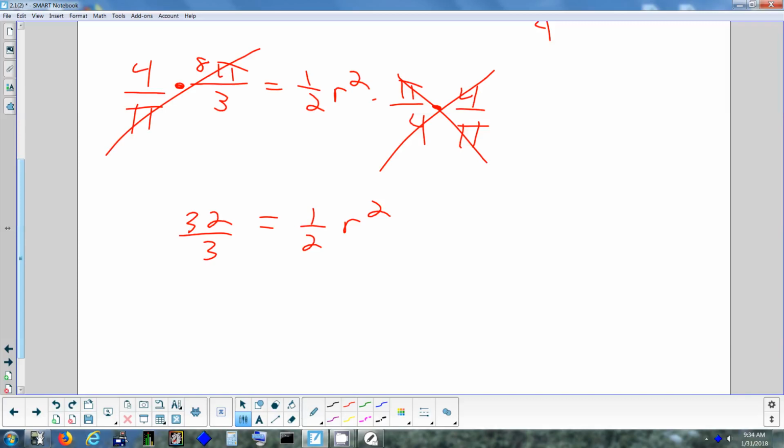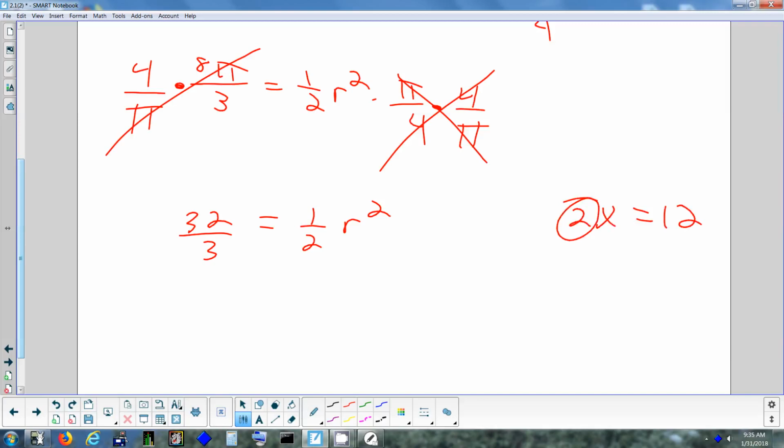Well, what do you do anytime you've got a number in front of a variable? Like if you had that. Divide. Yeah, you divide by the number in front of the variable. So what's in front of the variable here? R squared. In front of that. I'm looking for like the coefficient. Like half. Yeah, half.